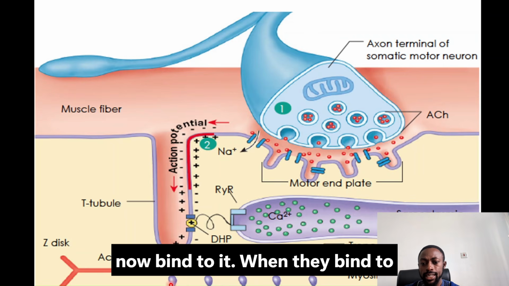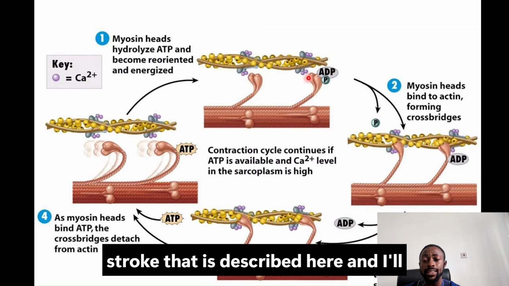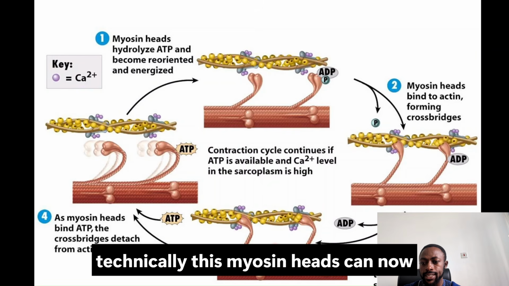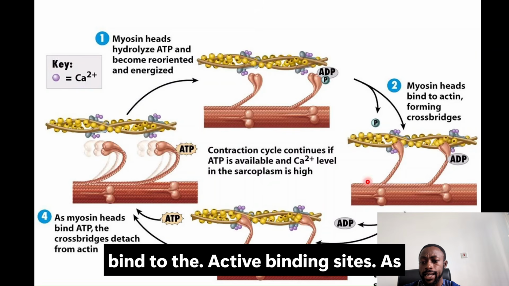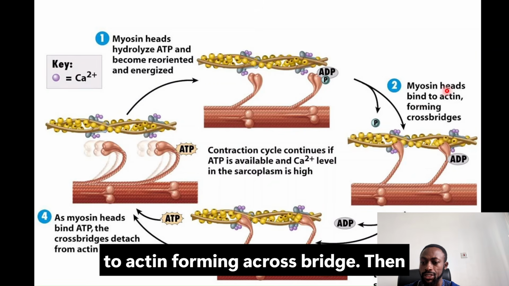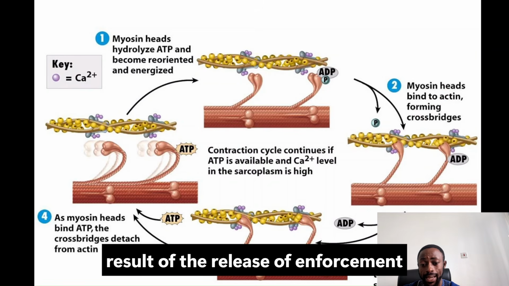When they bind to it, they will perform this power stroke that is described here. And I'll cover this also in another video. So technically, these myosin heads can now bind to the active binding sites. As you can see here, the myosin heads bind to actin, forming a cross bridge. Then there will be a power stroke as a result of the release of a phosphate group from ATP.